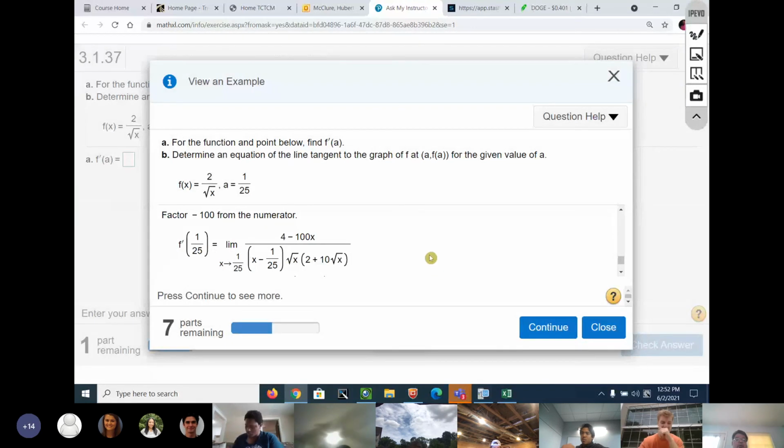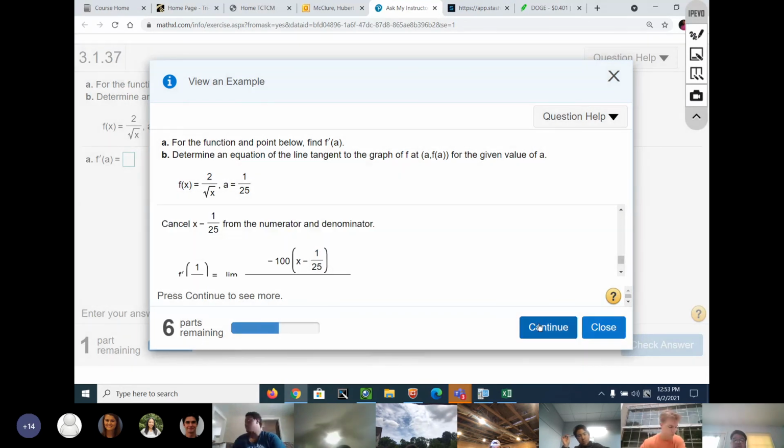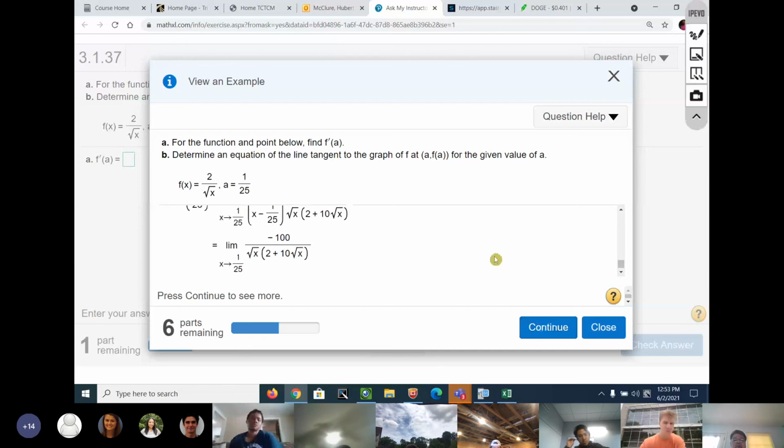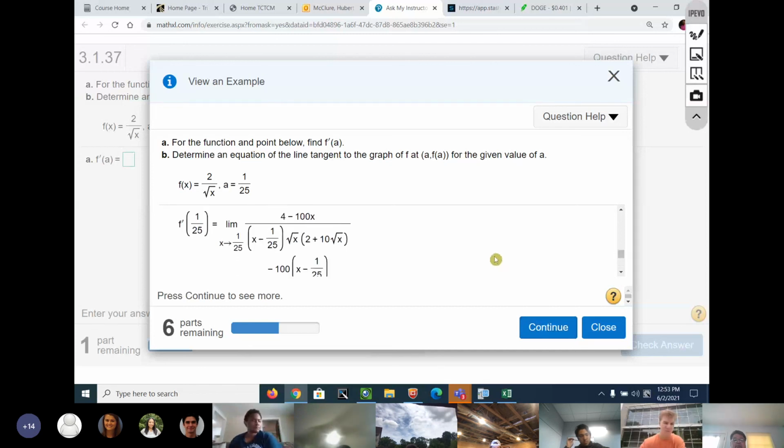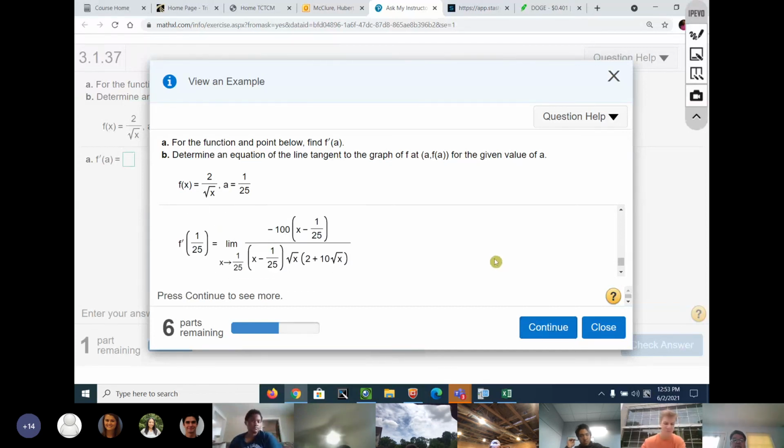And I guess they're putting in 1 over 25. Is that what they're doing now? Yeah, that's what they're doing. Well, eventually they're going to plug in 25, aren't they?